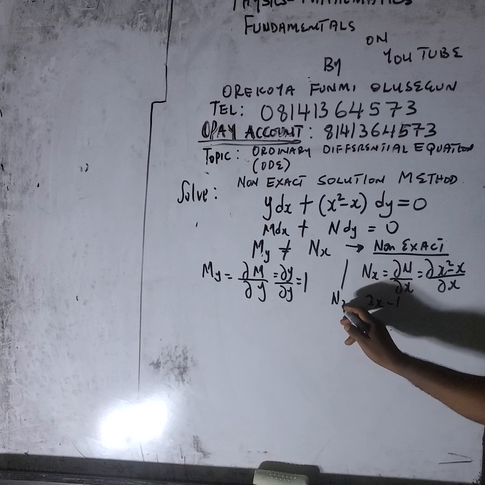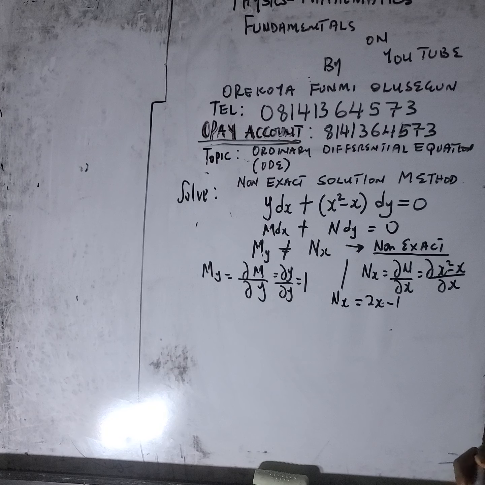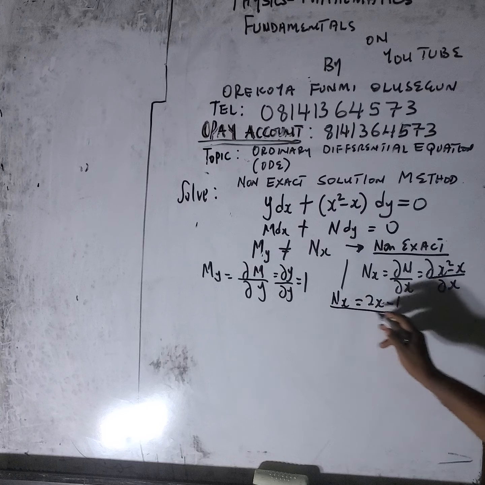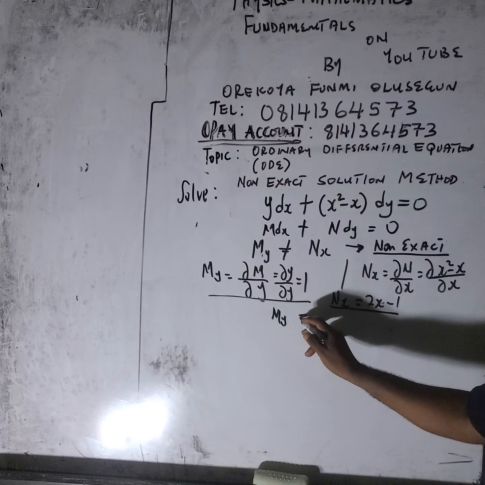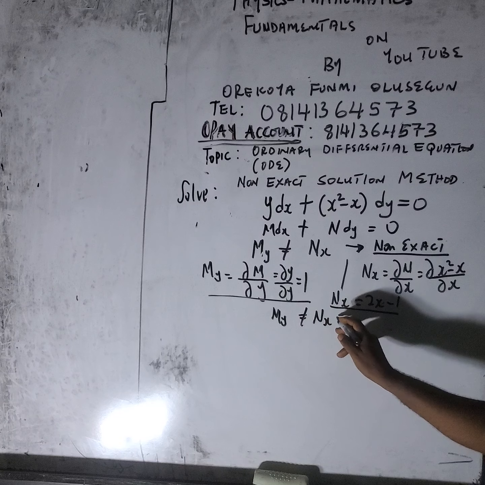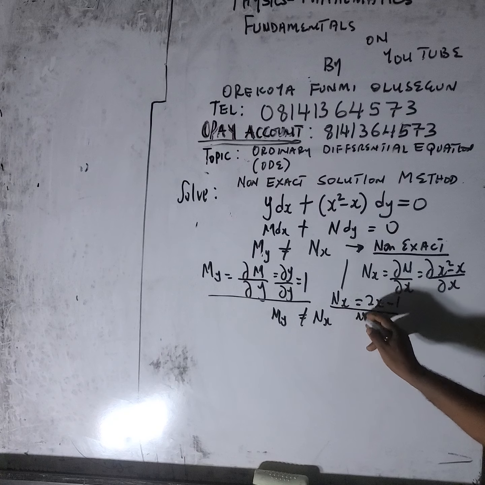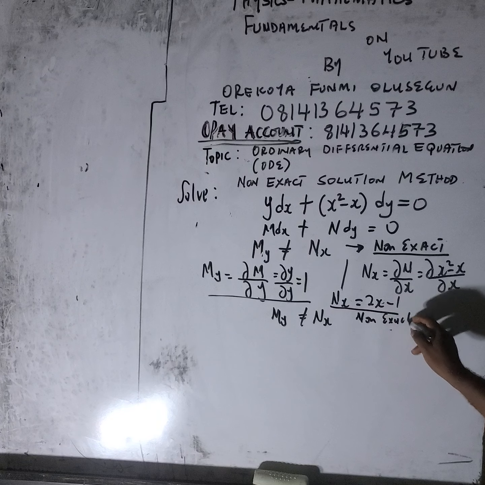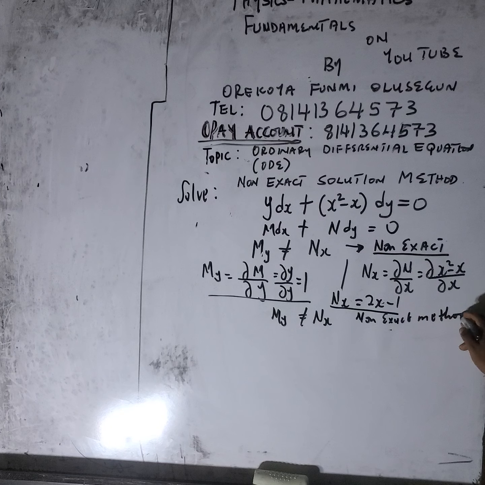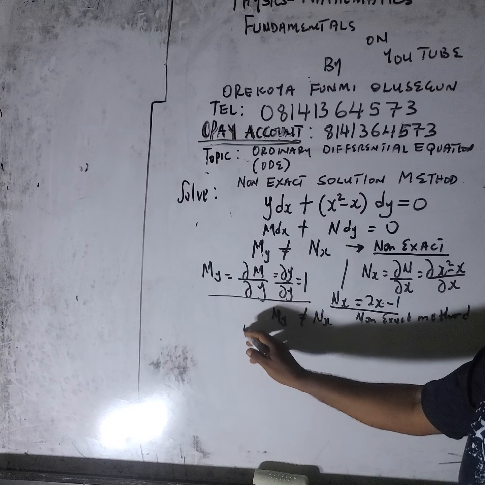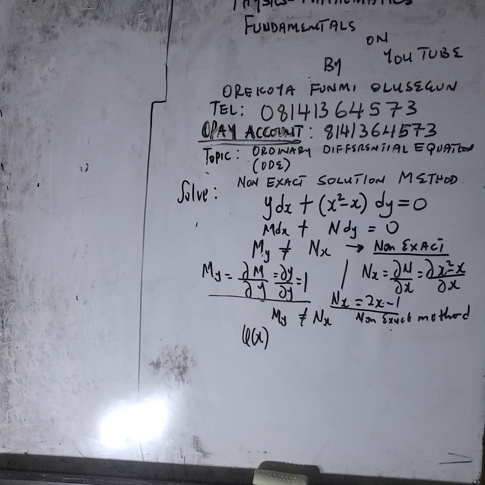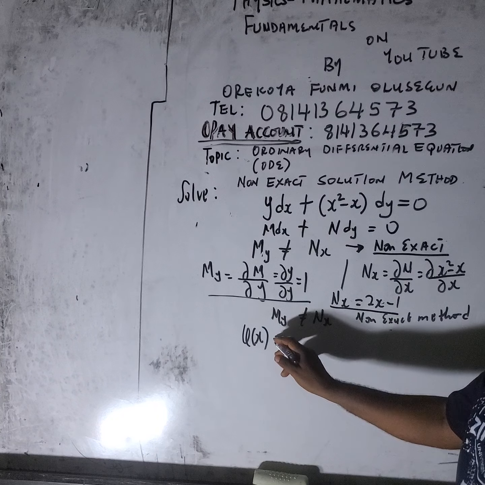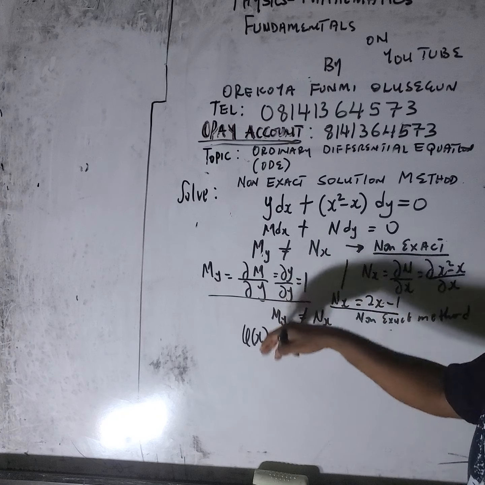So N x is equal to this expression I have here. Since what I have here is not the same thing as what I have here, that is, the partial derivative with respect to y is not the same as the partial derivative with respect to x, then we use the non-exact method. So what we are going to do is to find a special function of x, and that particular special function of x is normally obtained using the partial derivatives.